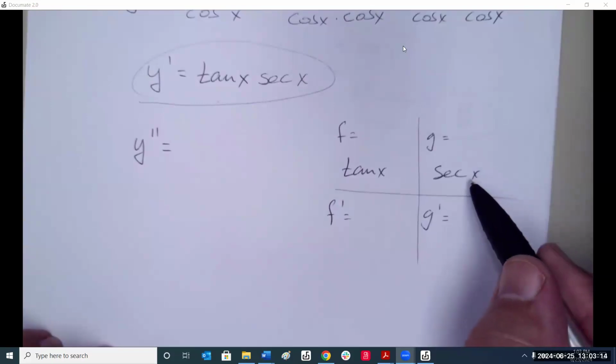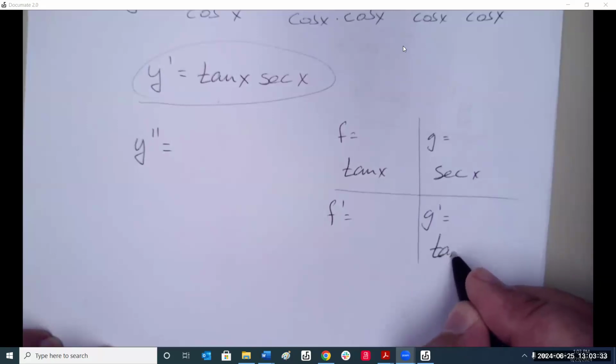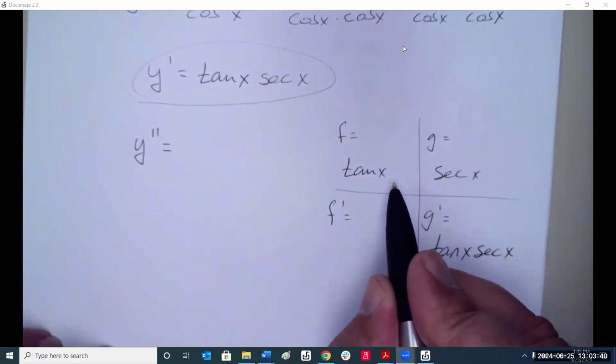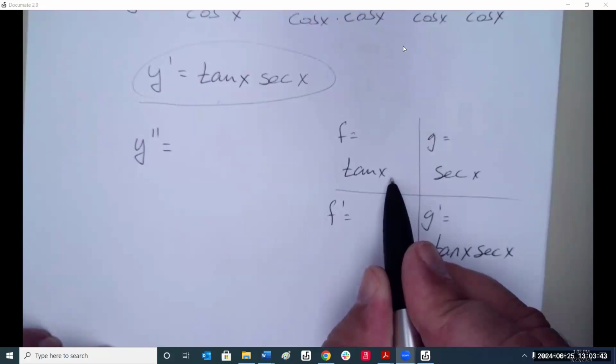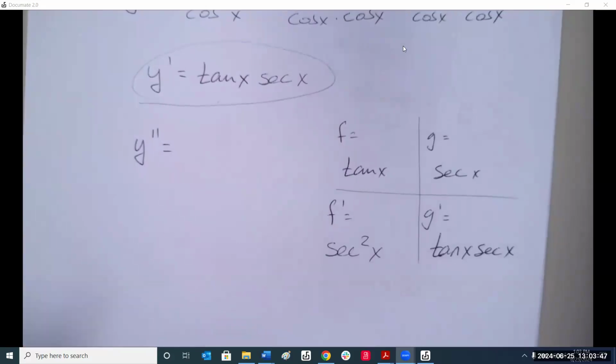Do we know the derivative of secant? Just look half an inch higher on your piece of paper. We just solved it. Tangent x secant x. And we also just did tangent. The derivative of tangent was secant squared x.